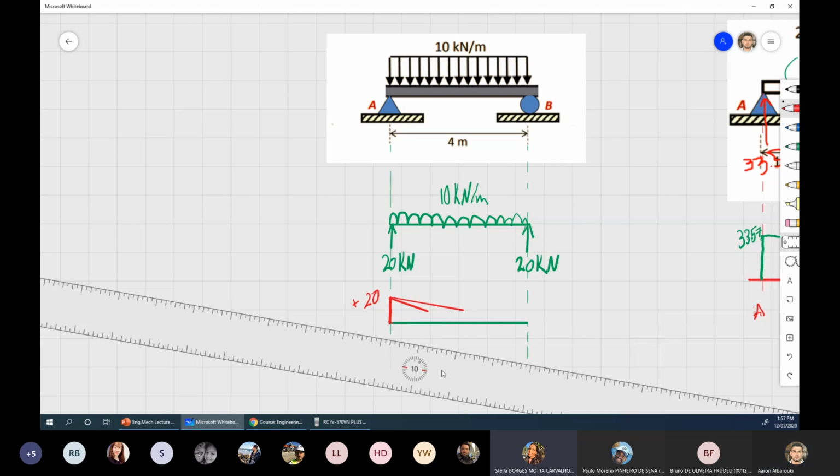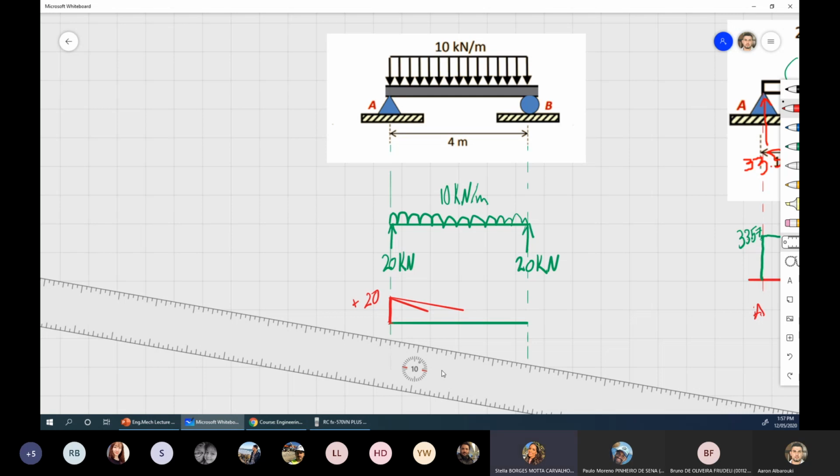So in the center of the beam, 2 meters after point A, we need to go down 40 kilonewtons.